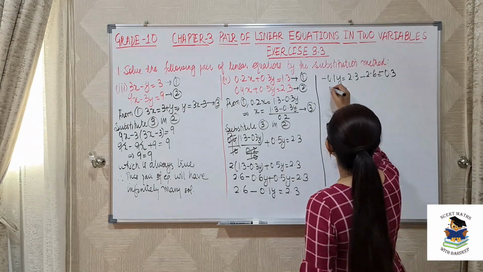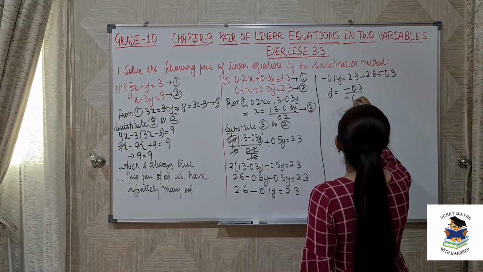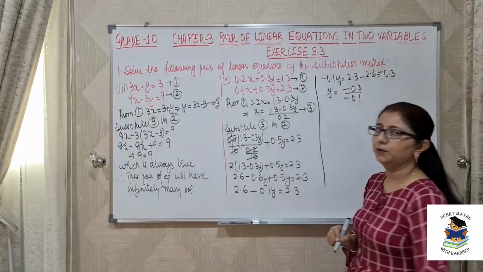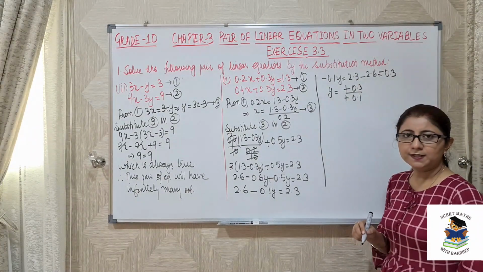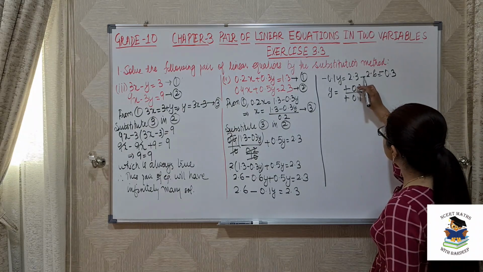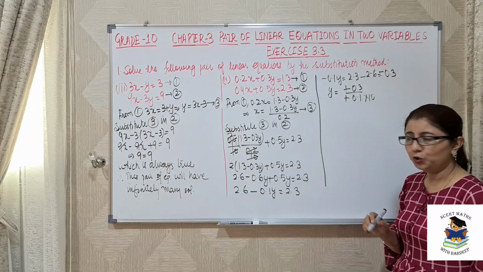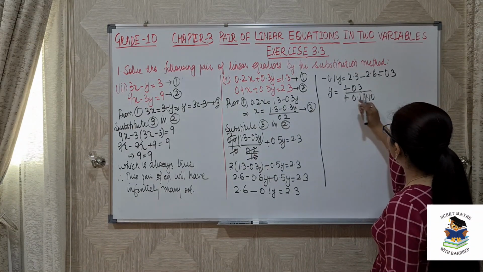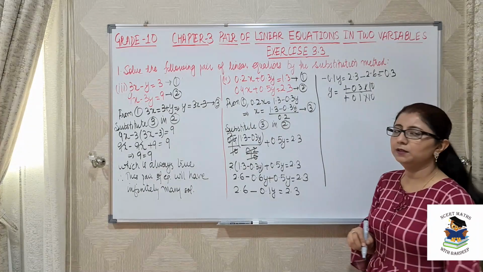Okay. So now what is y? This is minus 0.3 divided by minus 0.1. So again remove the decimals. This minus minus will be cancelled. So if I remove this decimal in 0.3, 10 will come on this side in the denominator. Since 0.1, if I remove this decimal, 10 will come in the numerator.